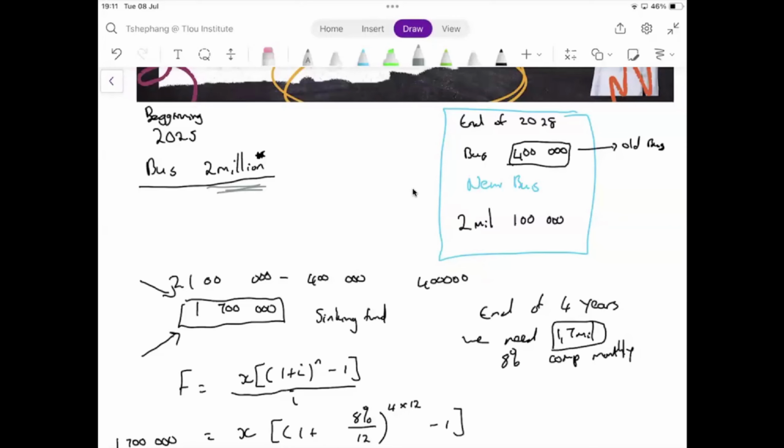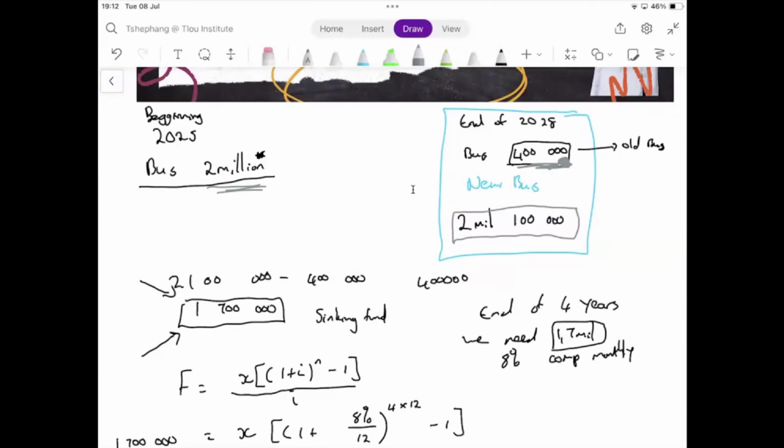We decide to sell it in 2028 for 400,000. That's how much they gave us. Now we have 400,000 after selling that bus that has been with us for 4 years, but we need to go and buy a new bus now. Guess how much a new bus costs now? It costs 2,100,000.